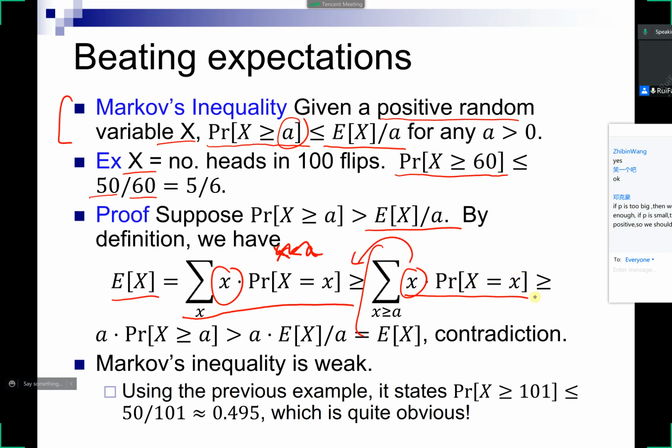Then you're left with just the sum of these probabilities for all the x's larger than a, which is simply the probability that X is at least a, multiplied by a. Now by our assumption, this probability is larger than the expectation divided by a. So you plug it in, and you get that this whole thing is equal to the expectation.